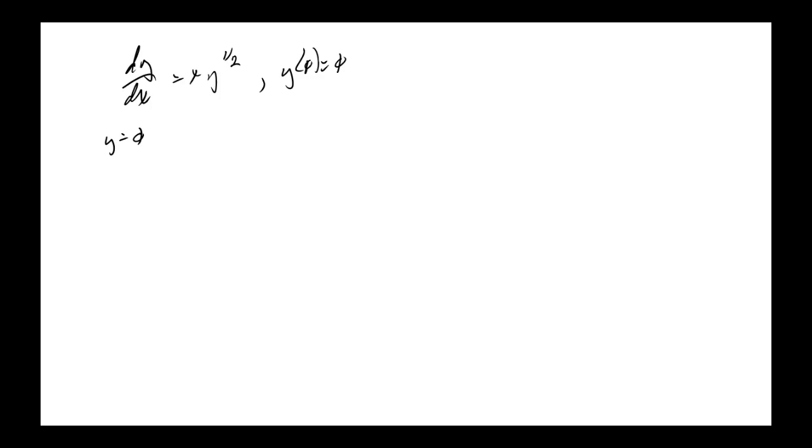Now the other solution that they said is y is equal to 1/16 x to the 4th. Okay, well, let's see what happens there. dy dx would be 1/4 x cubed, so that's on the left-hand side.